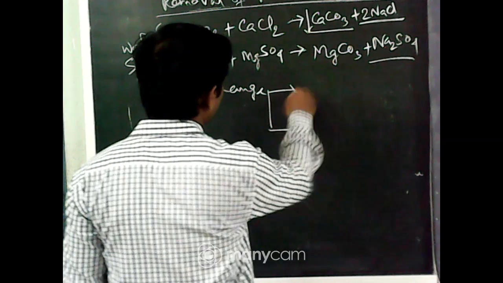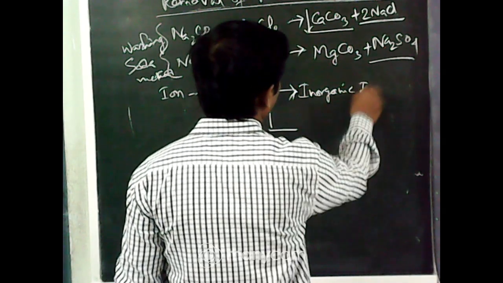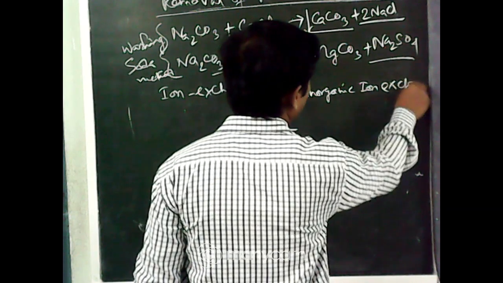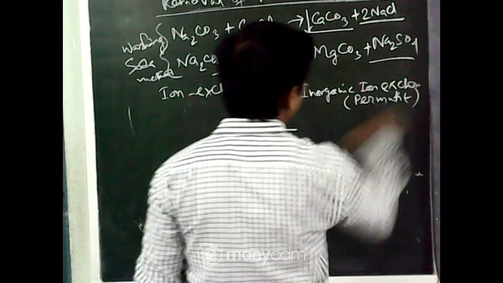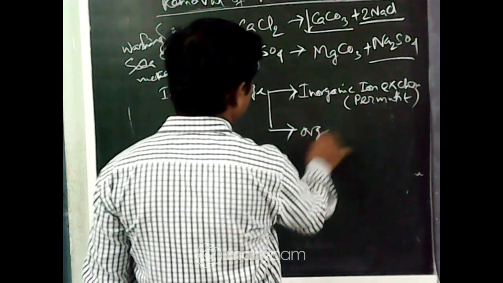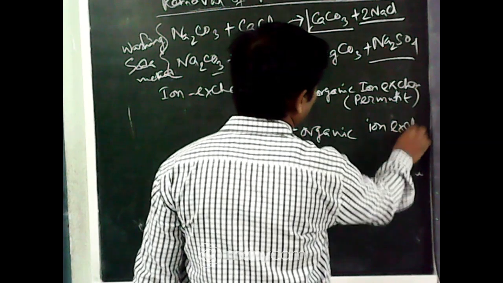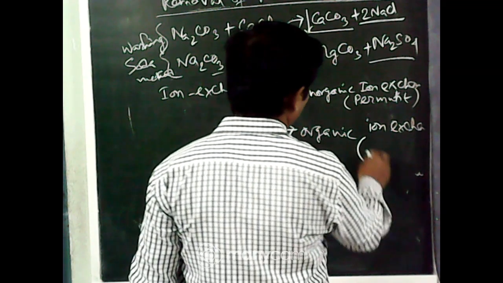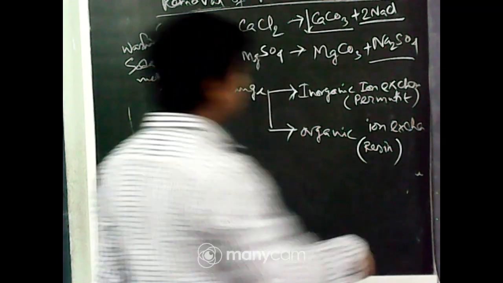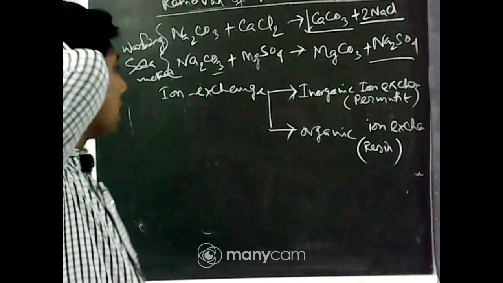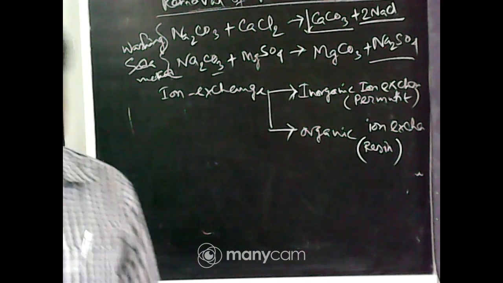It has the inorganic ion exchanger, that is Permutit, and the organic ion exchanger, that is ion exchange resin. These are the two methods by which removal of permanent hardness is done.